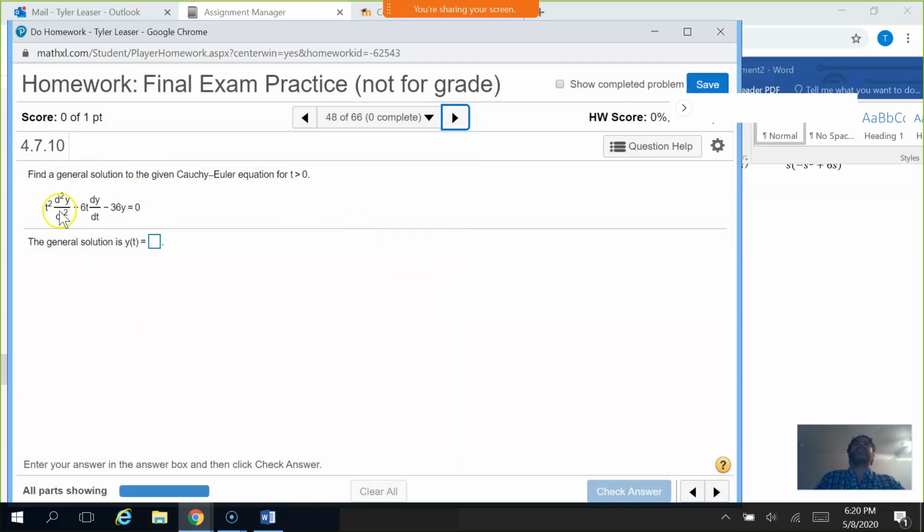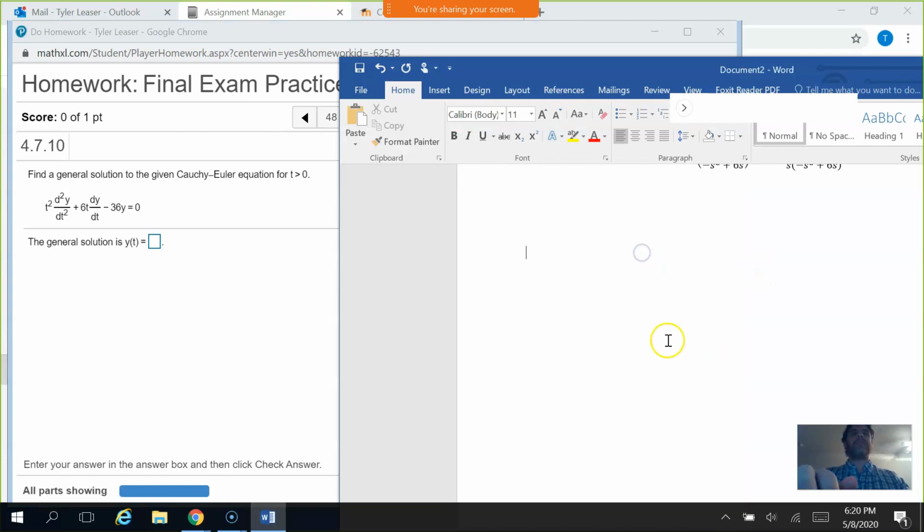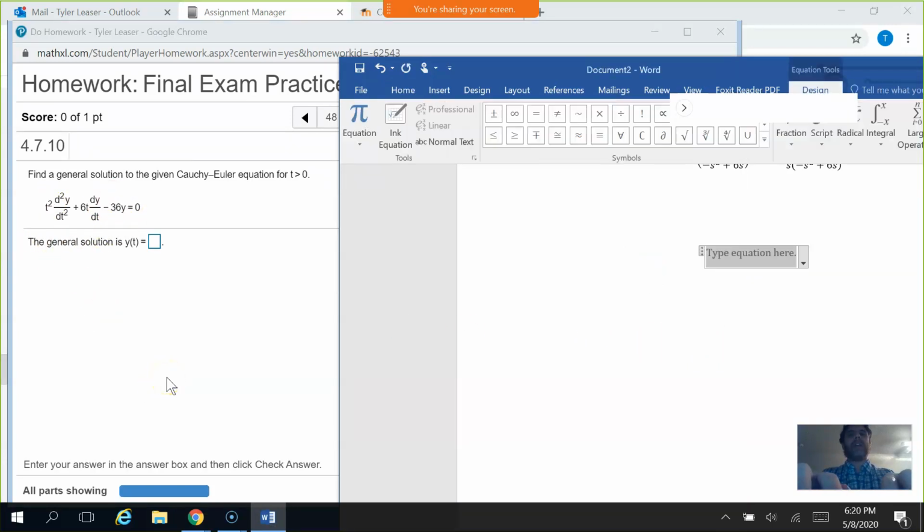Then we jump into questions like this. You could, of course, do the Laplace transformation of this if you had the initial conditions, but you don't have the initial conditions here, so I guess we're stuck with doing it the normal way. Although it wasn't too bad when you had the equidimensional case, which is what this is.